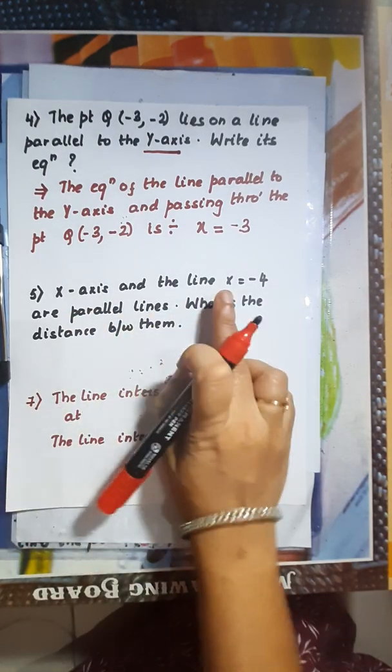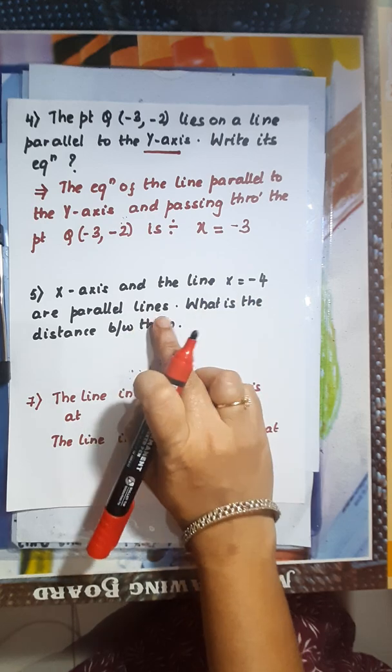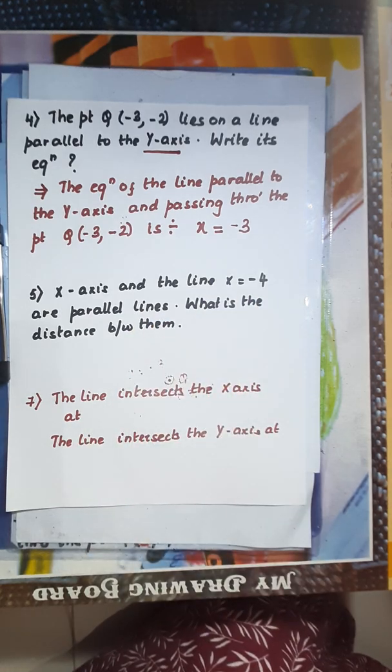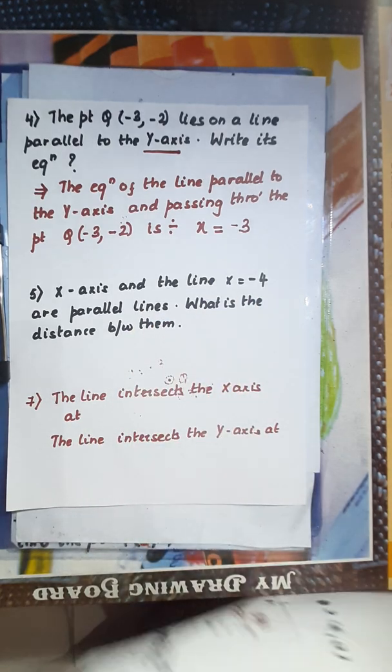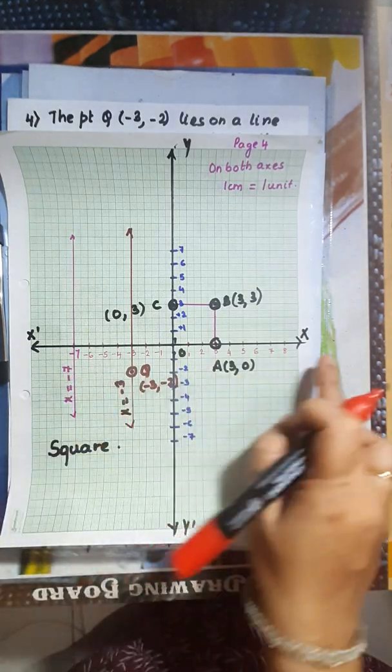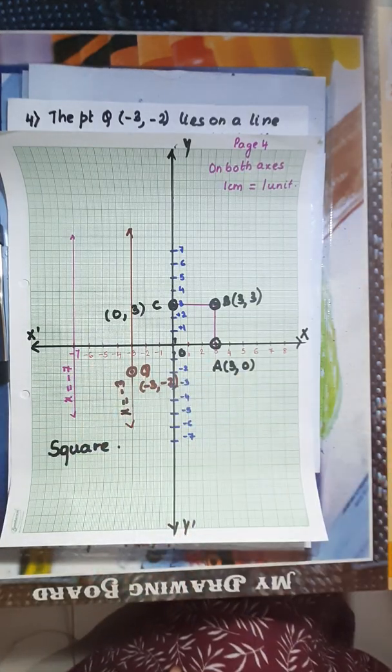The x-axis and the line y is equal to -4 are parallel lines. So this is my x-axis, and this is y is equal to -4.